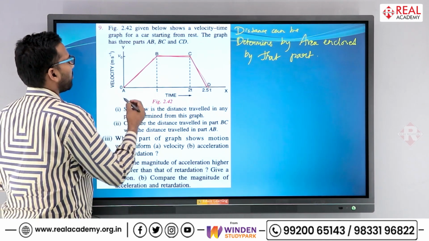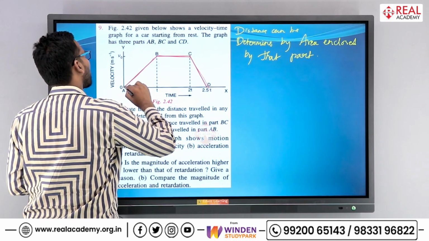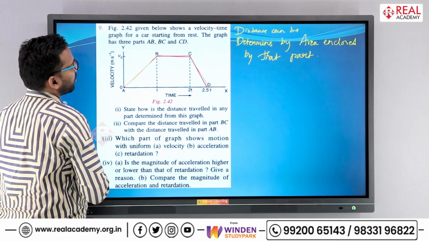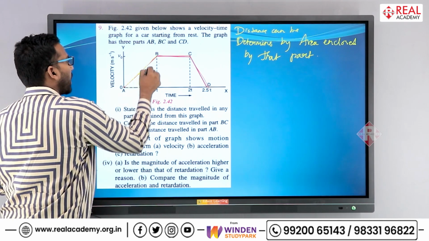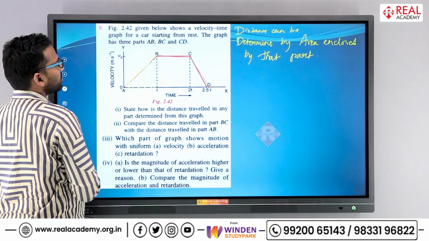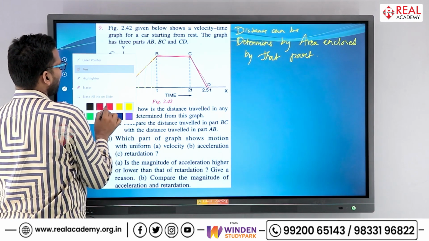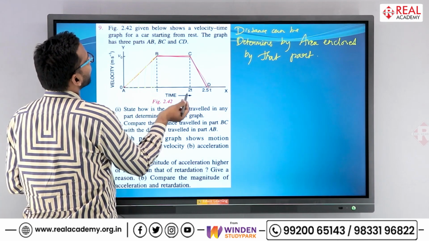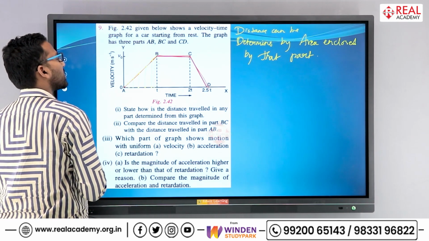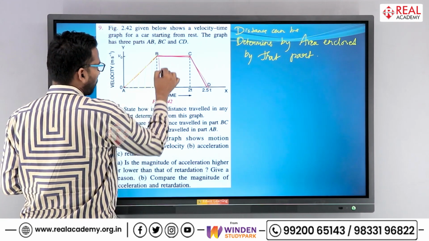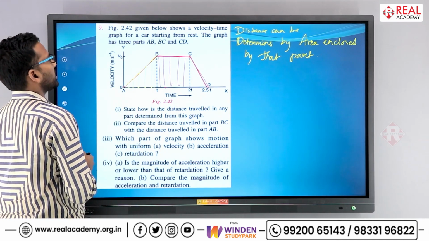For example, if I want to determine this AB part, how much distance it has travelled, we need to find the area enclosed by this region. If I want to determine the part BC, for BC how much distance it has travelled, I need to find this area enclosed by BC.